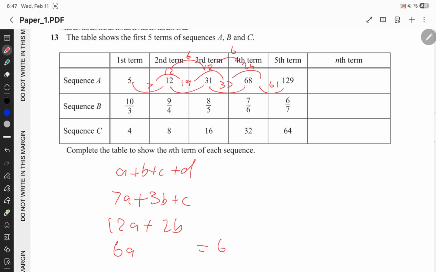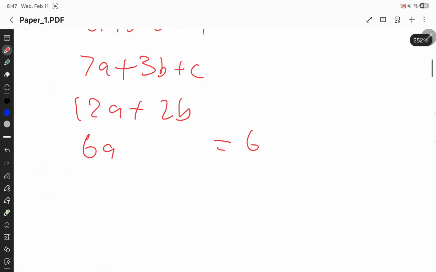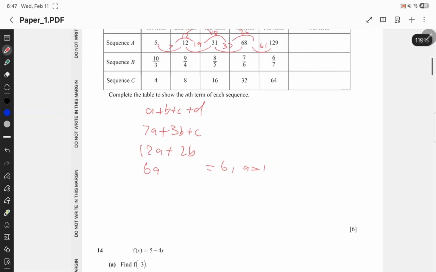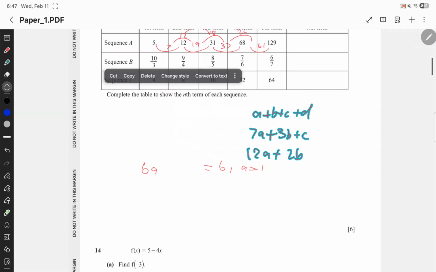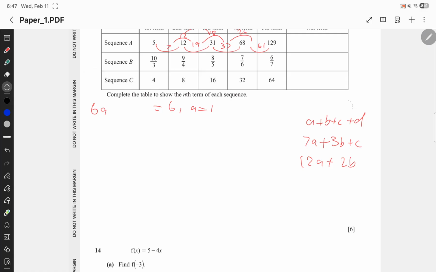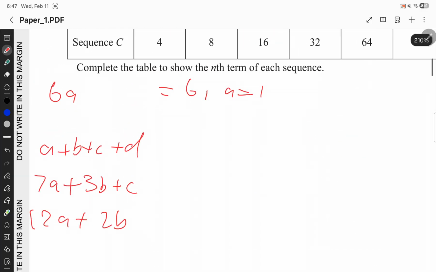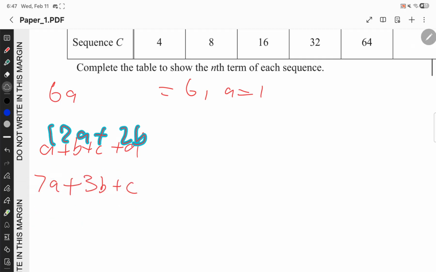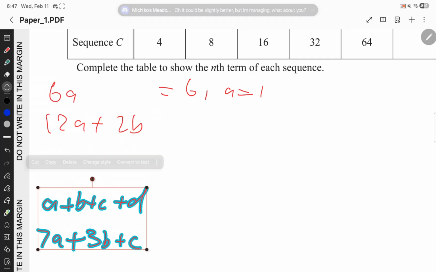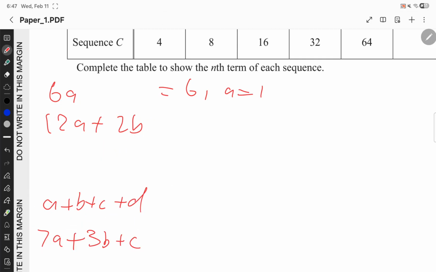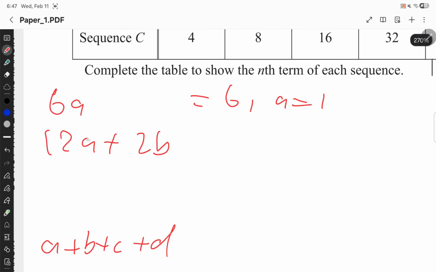So we can equate it to 6. This would obviously, by just even looking at it, give us a equals 1. Okay, perfect, nice. And we can just make our workings easier for ourselves. Now a equals 1, so when we use the second difference formula, we can use this to our advantage.